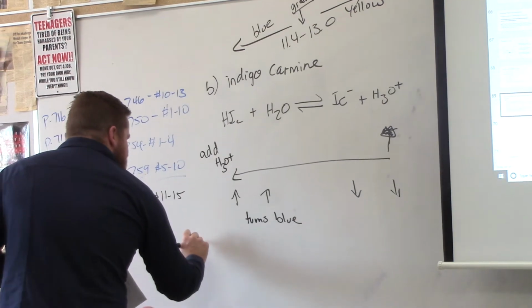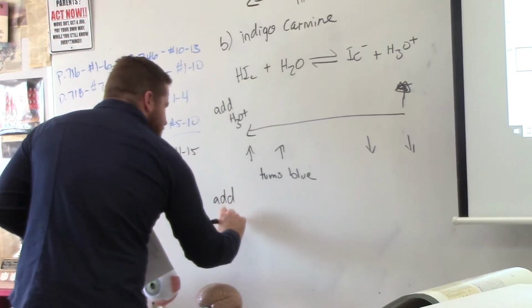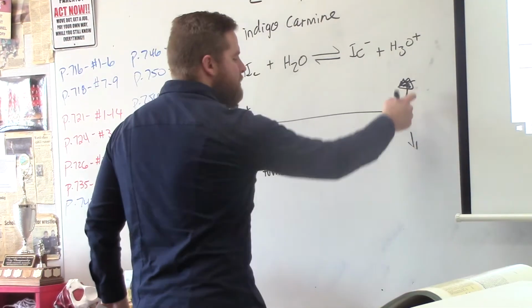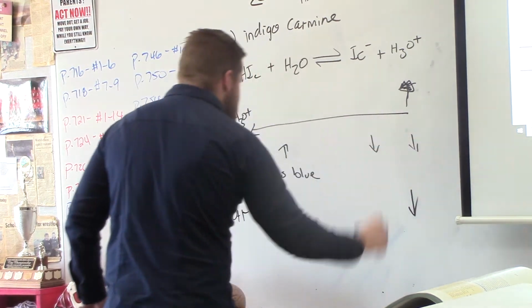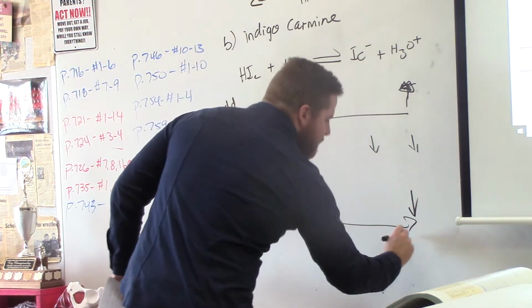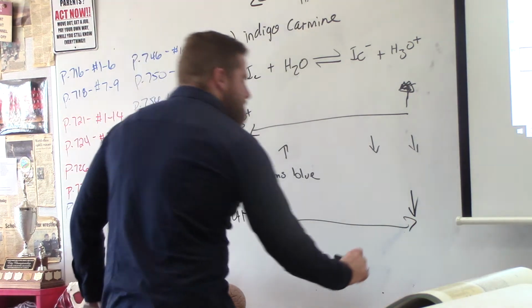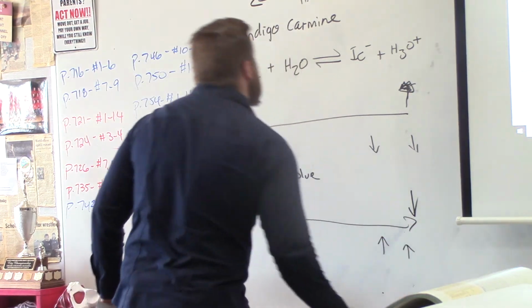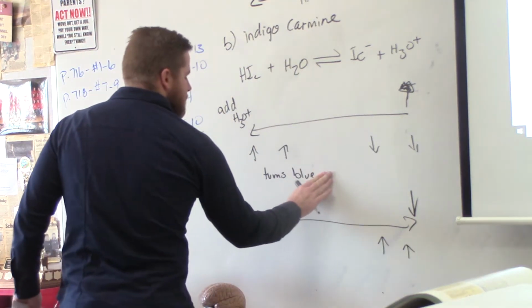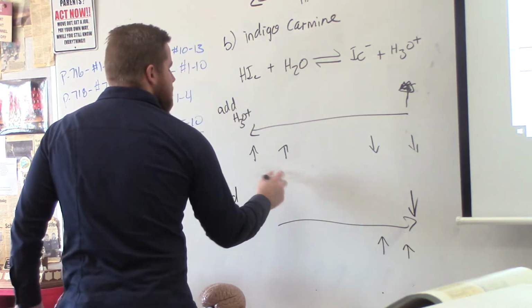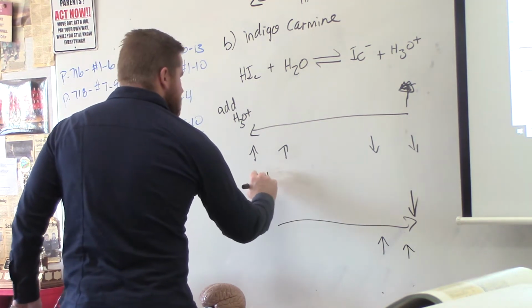Now if we add OH negative, it's going to react with the hydronium, and that's seen as a hydronium deficit from the perspective of the equilibrium system. Sorry, I should change that. No, that's correct. Turns blue.